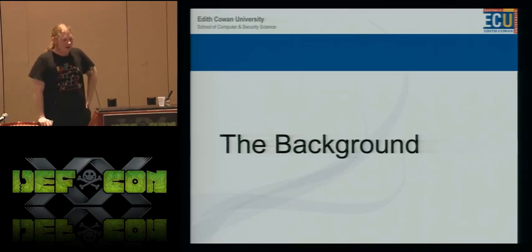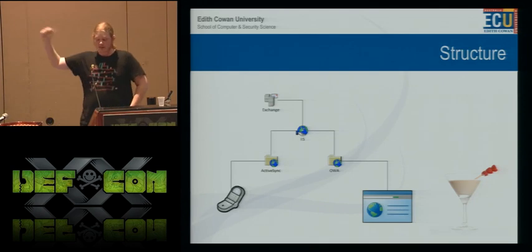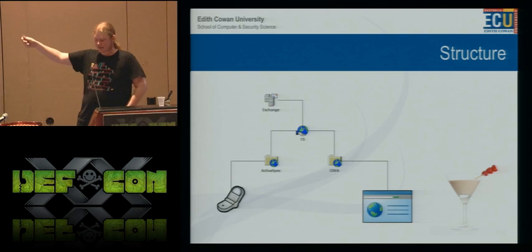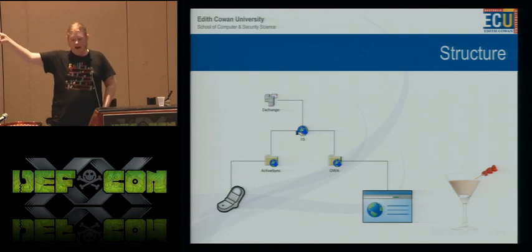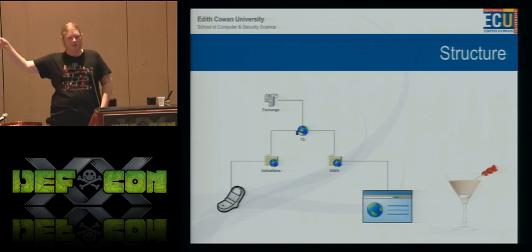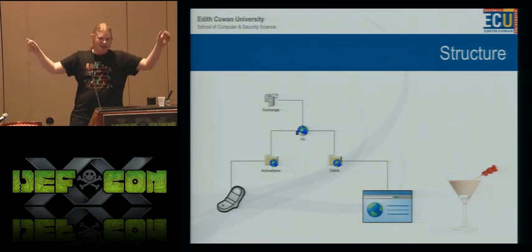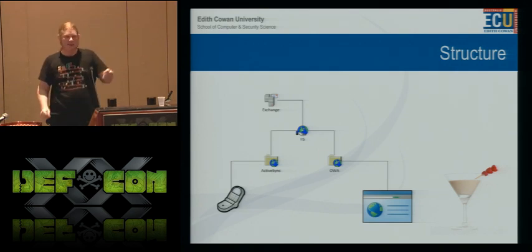Alright, so we're going to talk a little bit about the background of this now. Here's the structure that we have when we look at an Active Sync session: IIS and the Exchange server on the back end and OWA there. Exchange talks to IIS, then IIS essentially has two sub-sites. One is Active Sync and the other's OWA, and that's how your mobile devices and your web clients talk to Exchange.